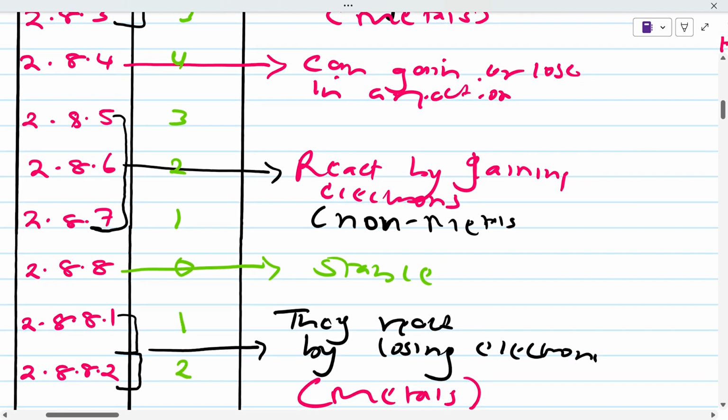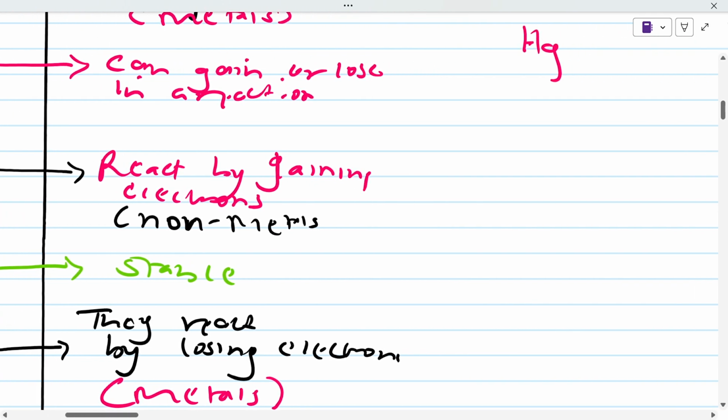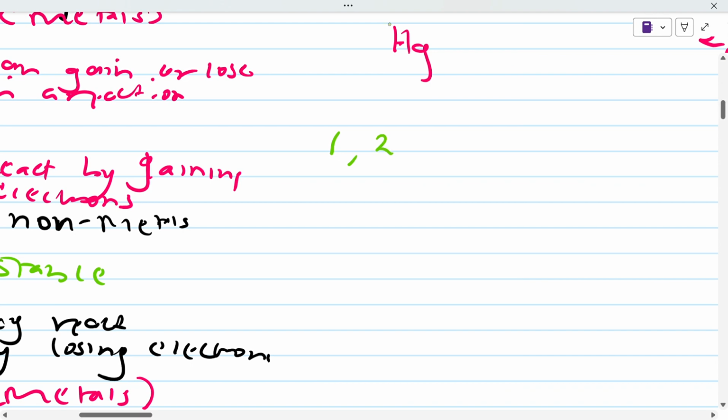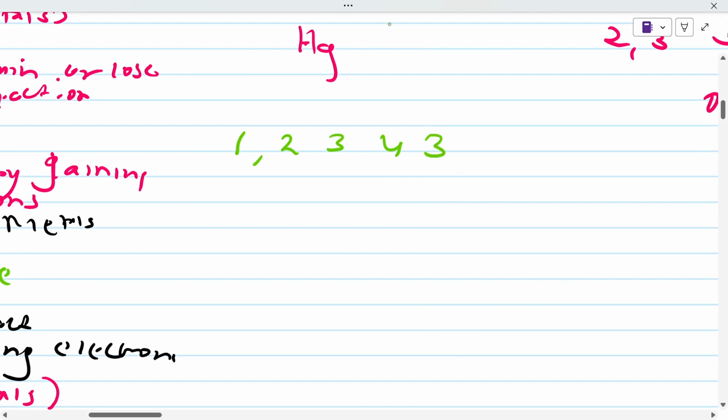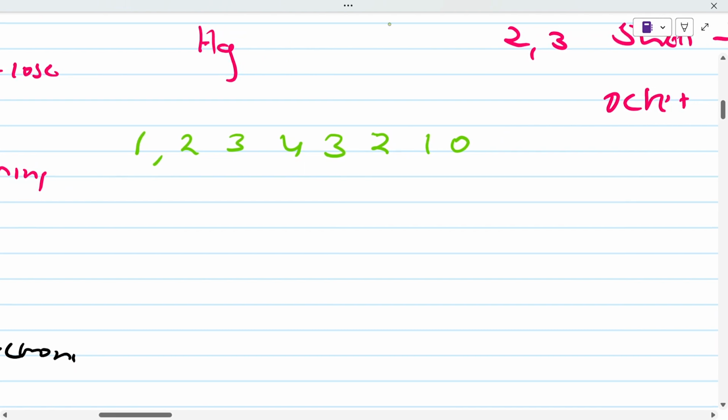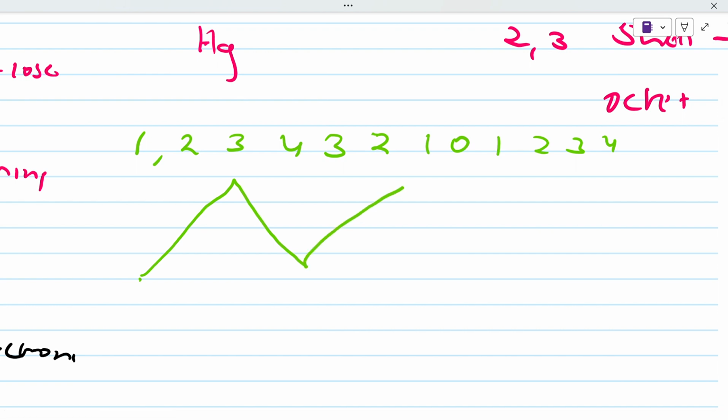So if you look at the valency very well from element 1, which is hydrogen, all the way to calcium, we are having a 1, 2, 3, 4, then a 3, 2, 1, 0, then we start again, then 1, 2, 3, 4, then we drop like that. So this kind of configuration is always an increasing, dropping, increasing configuration.